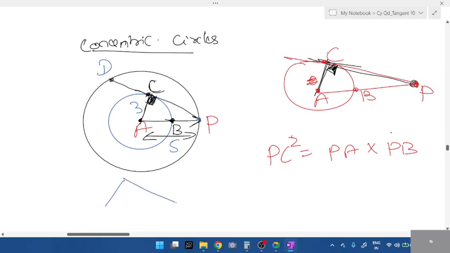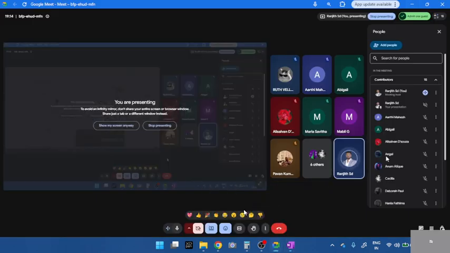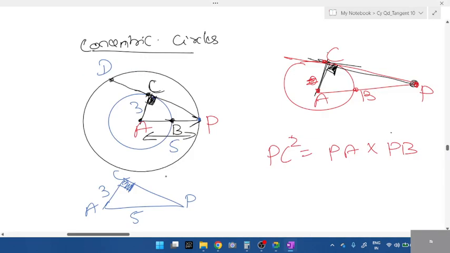So take a separate triangle. Which triangle do you have to take? A, C and P. Which is 90 degrees here? Angle C. What kind of triangle is this? In a right angle triangle, if one value is missing, which theorem do we use? Yes, Pythagoras theorem. Opposite to 90 is the hypotenuse. All of you know Pythagoras theorem, right? C is 90, so AP square is equal to AC square plus CP square.